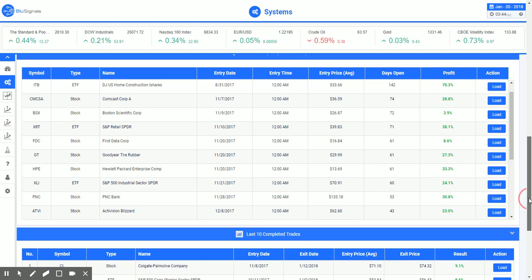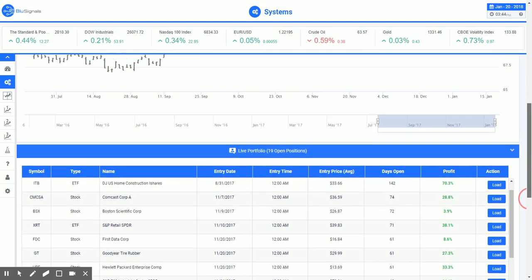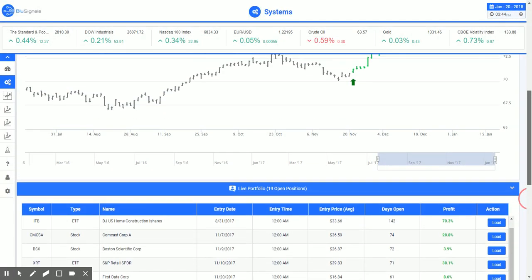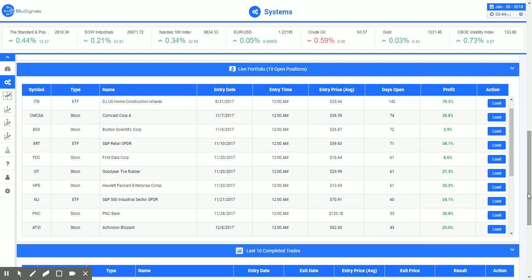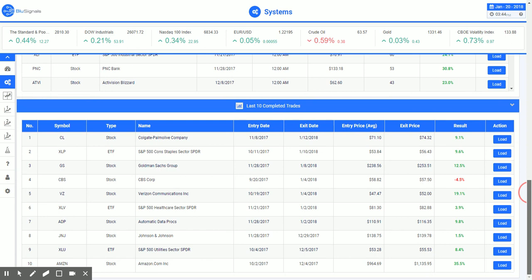We only select very high quality, highly liquid stocks and ETFs, so our users have no problem getting into and getting out of BluQuant positions.